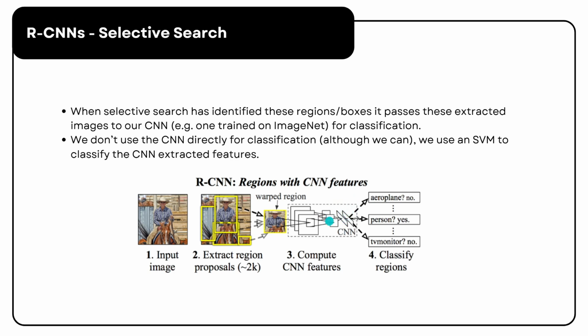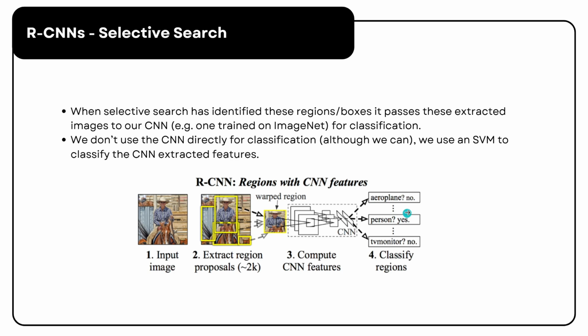From there, instead of letting the CNN decide what the object is, we pass those feature vectors into a support vector machine for the final classification.